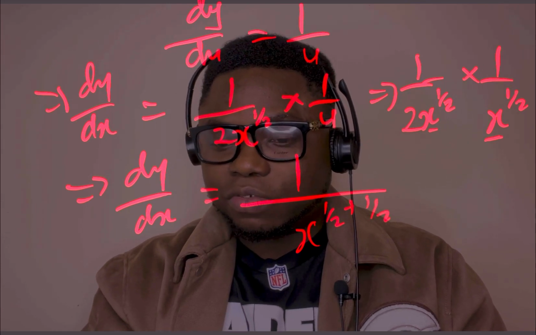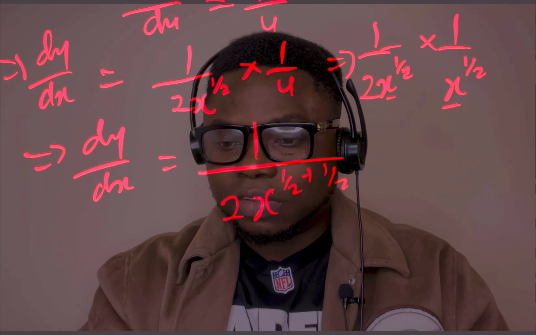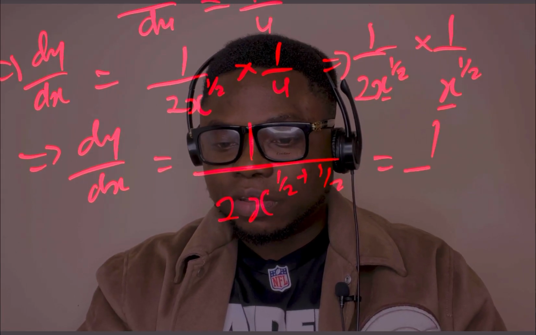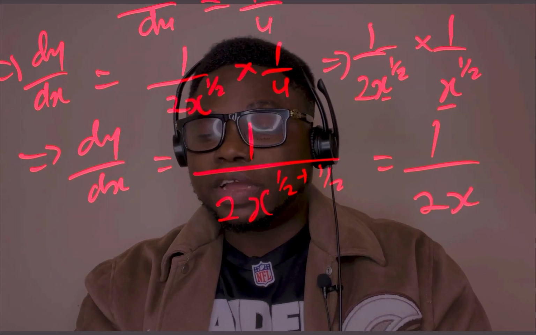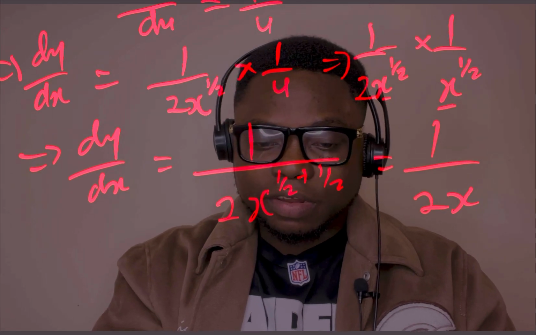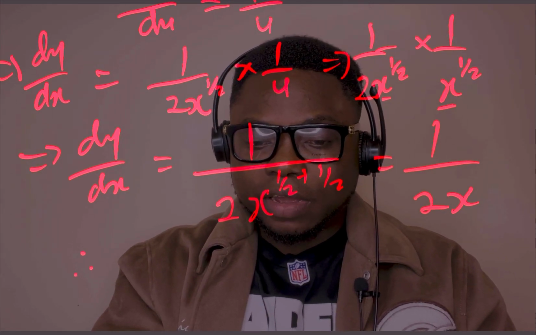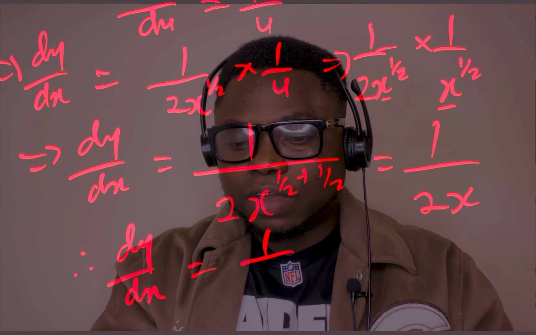Then remember that there's 2 here, I'm going to write 2 here. So this is the same thing as 1 divided by 2x, because half plus half is 1, and x raised to the power of 1 is x. So this becomes the answer. Therefore, dy over dx is equal to 1 over 2x as the answer.